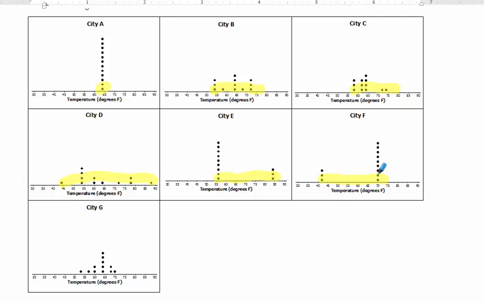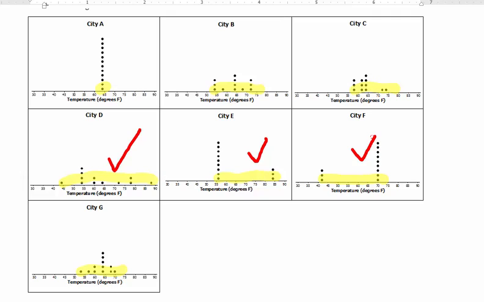So which one has the most variability? Well, I see some possible answers. So I'm looking for that long yellow line. Well, C has a kind of long yellow line, but look at D. D's is much longer than C's. So maybe it's D. Notice E's is also pretty long, and F is also pretty long.